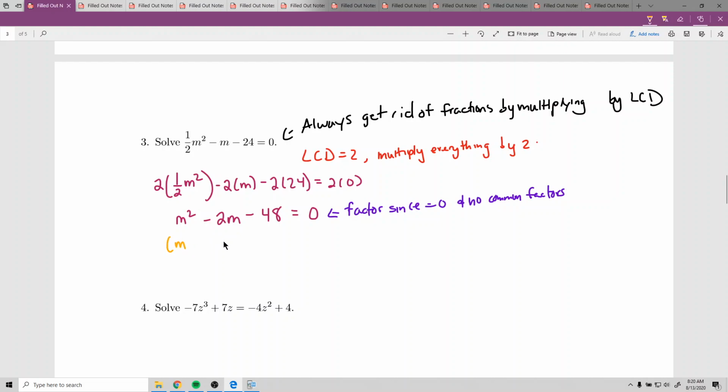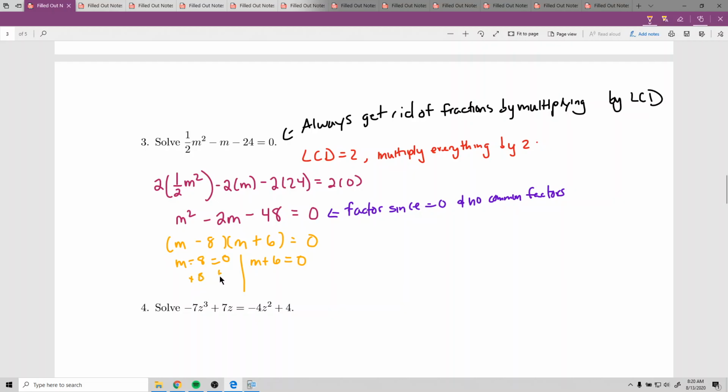We want two numbers that multiply to negative 48 and add to negative 2, and that would be negative 8 and positive 6. Now we set each factor to 0. We got m minus 8 equals 0, and m plus 6 equals 0.